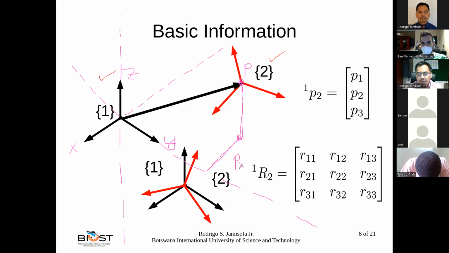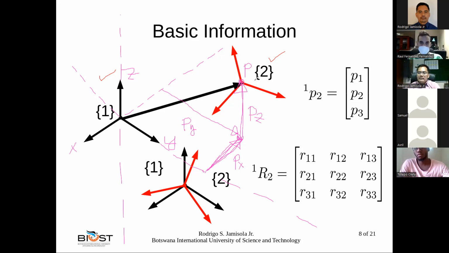So that is the component of P along the X axis. And then the component of P with respect to Y. Do you still remember this? And the component of P with respect to Z. So now that is what I'm saying.